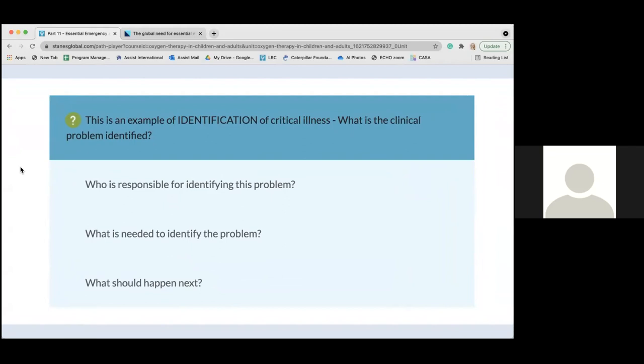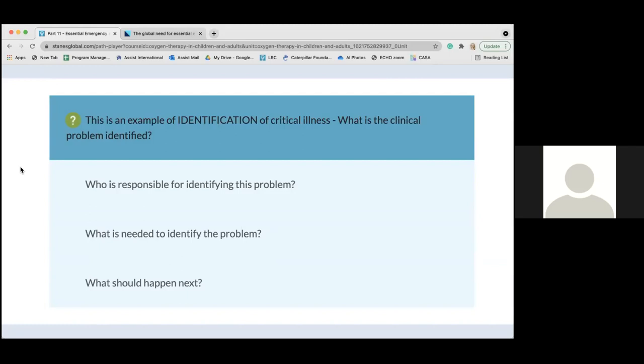The only thing you need is just a pulse oximeter, and we have pulse oximeters in most of our facilities. So the big questions are: who is responsible for identifying this problem? What is needed to identify the problem? What should happen next? We are talking about identification of the problem.